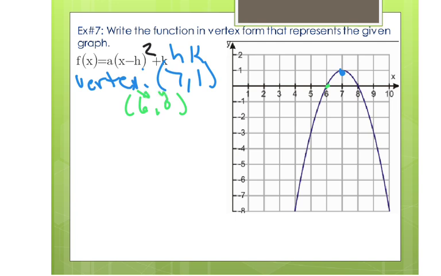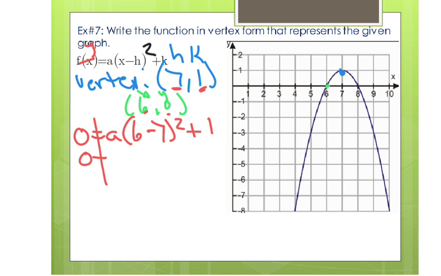So we'll fill into the formula. Remember, f of x is the same thing as y. So our y is 0 equals, a is what we're trying to find, parenthesis, our x is 6 minus, our h is 7, parenthesis squared, plus our k is 1. Okay, so we're going to solve this.